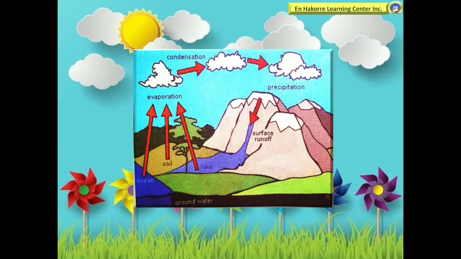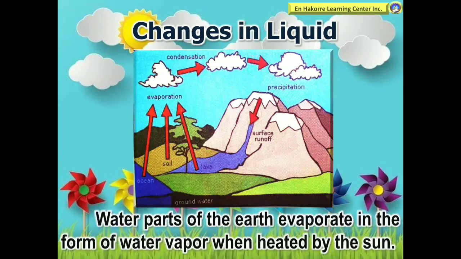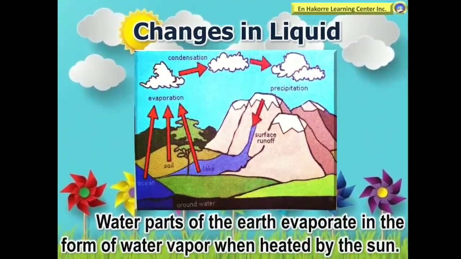And we have here also changes in liquid in the form of gas. So our water will evaporate. Water parts of the earth evaporate in the form of water vapor when heated by the sun. So as you can see here in our picture, you have the water from the ocean, the moisture from the soil, the water from the lake.